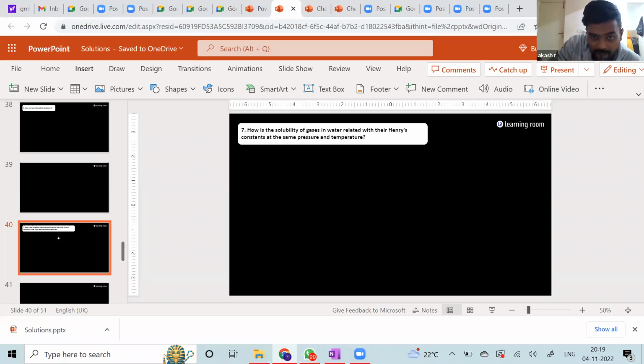How is the solubility of a gas in water related to its Henry's law constant at the same temperature and pressure? We know the formula, P is equal to KH into X. Now they're asking how the solubility of gas in water is related with the Henry's law constant KH.